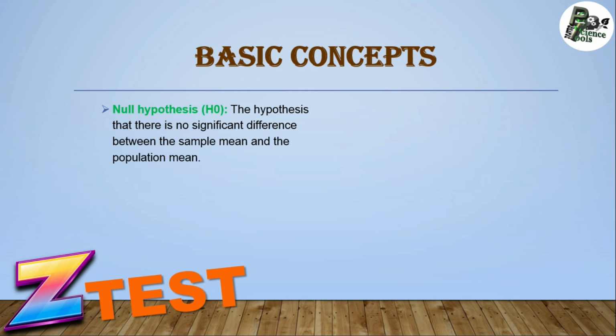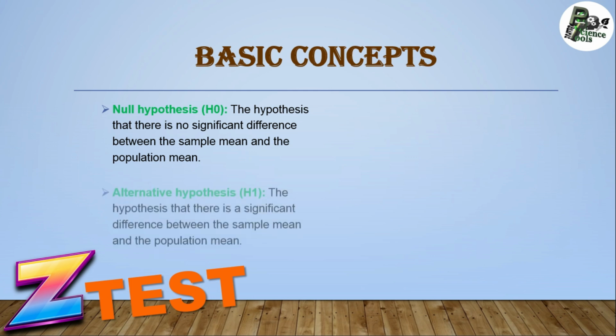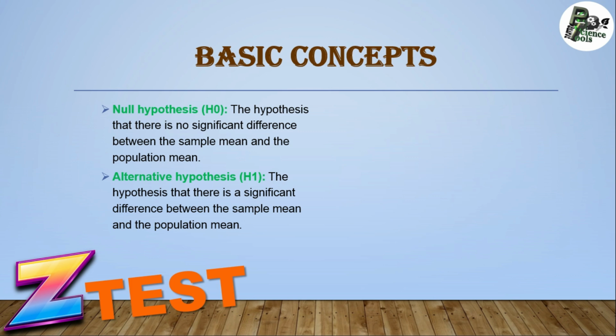Next we are going to discuss the basic concepts of Z test. These are the terms that we will use in our upcoming videos. The first one is the null hypothesis: the hypothesis that there is no significant difference between the sample mean and the population mean. The next one is the alternative hypothesis: the hypothesis that there is a significant difference between the sample mean and the population mean.